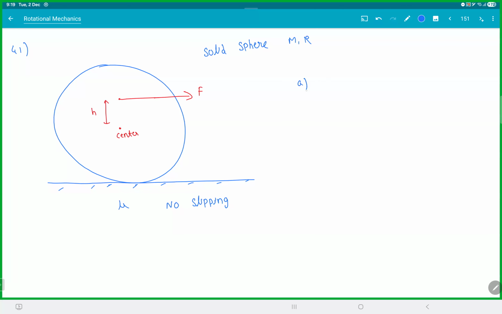First question. Find acceleration of center of mass. Find friction. Find the direction of friction for different values of h.